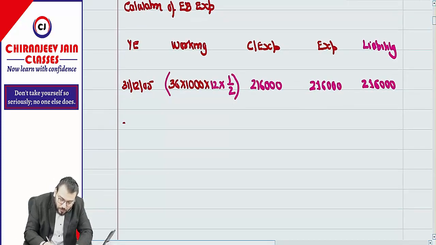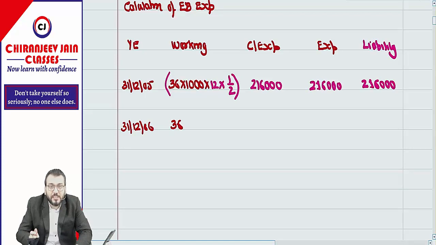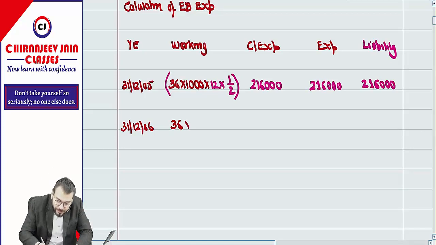Then we'll do on 31st 12 2006. Can you see now actual number of employee who actually vested the option on vesting day will be 36 into 1000. We'll do reassessment and the fair value will change from 12 to 8. So it will be 8 into 2 by 2 into 2 by 2. Got it?